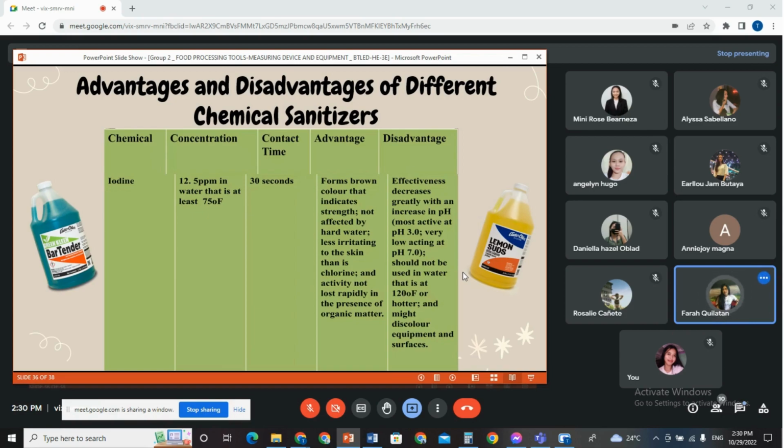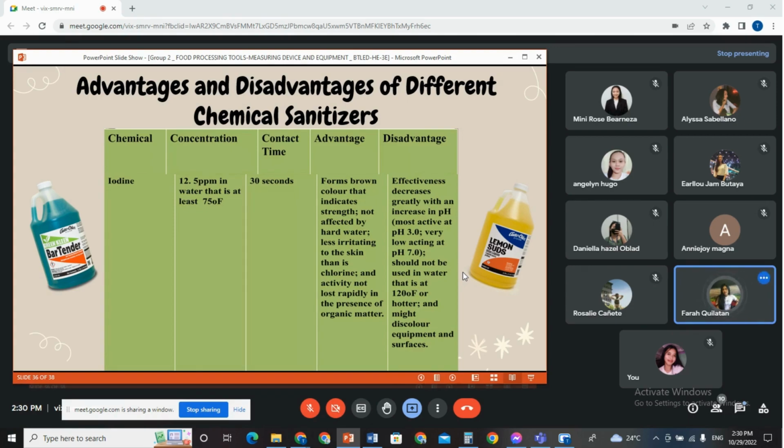For iodine, its concentration is 12.5 ppm in water that is at least 75 Fahrenheit, and its contact time is 30 seconds. The advantage is that it forms a brown color that indicates strength, and is not affected by hard water. It is less irritating to the skin than chlorine, and activity is not lost rapidly in the presence of organic matter.